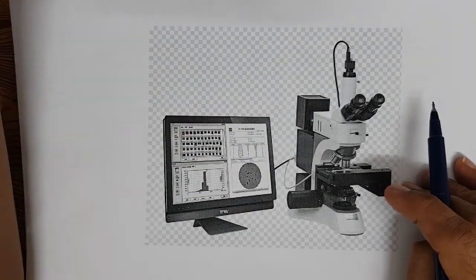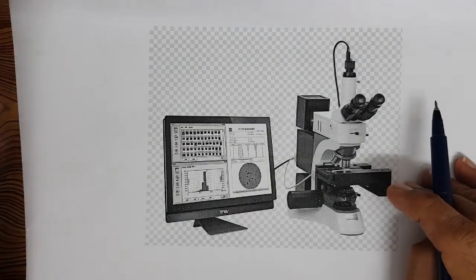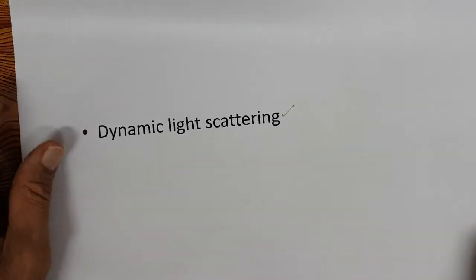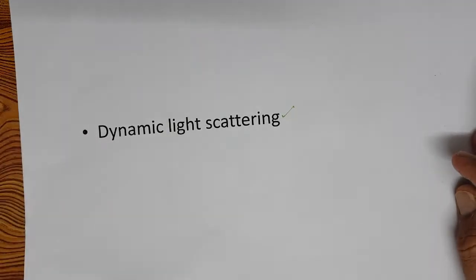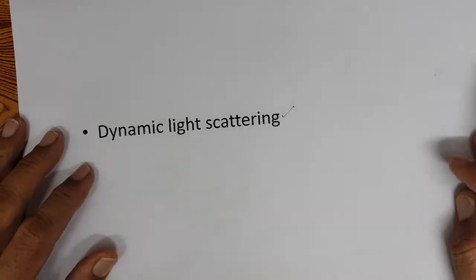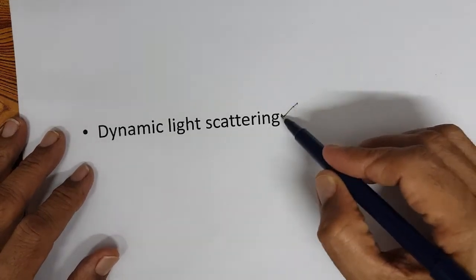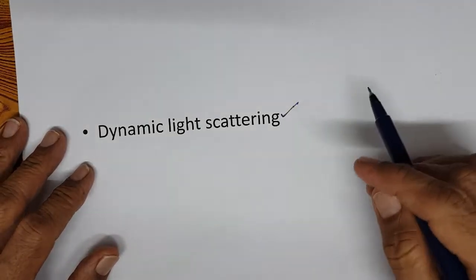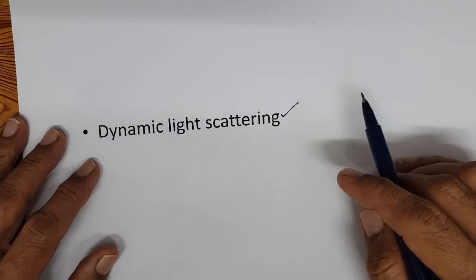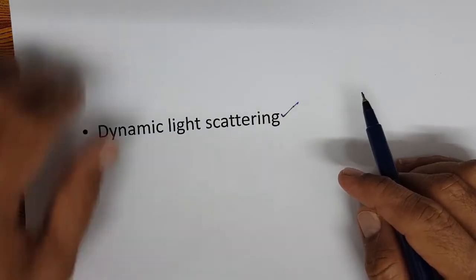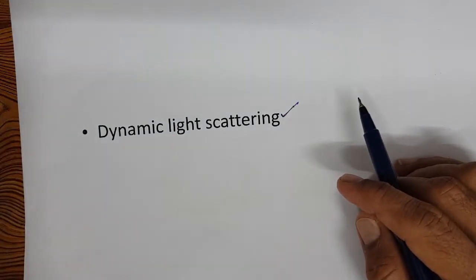Now the other technique, for emulsions and where the particle size is a little finer, right? There is a method called the dynamic light scattering technique. This is widely used for creams and emulsions. Dynamic light scattering works very well.